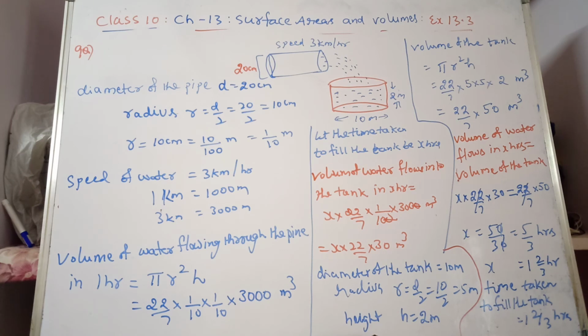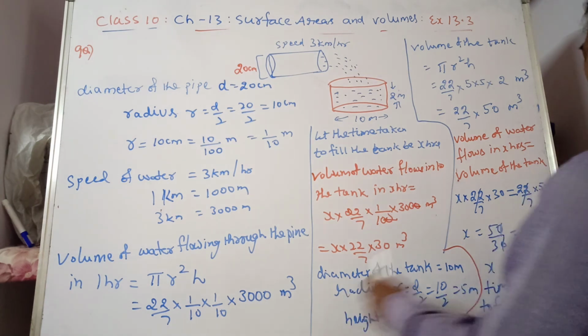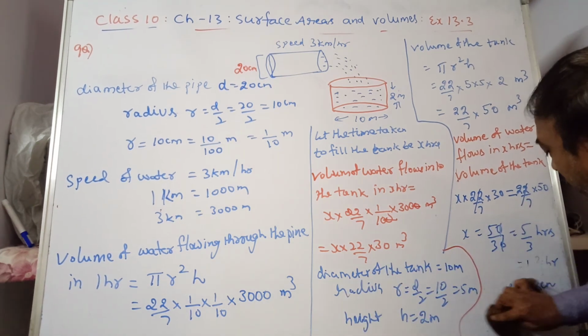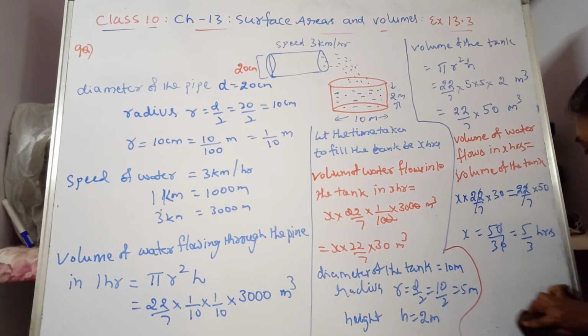Either you can convert improper to mixed, or you can leave it there. And here, instead of converting into a mixed fraction, we got 5 by 3 hours.